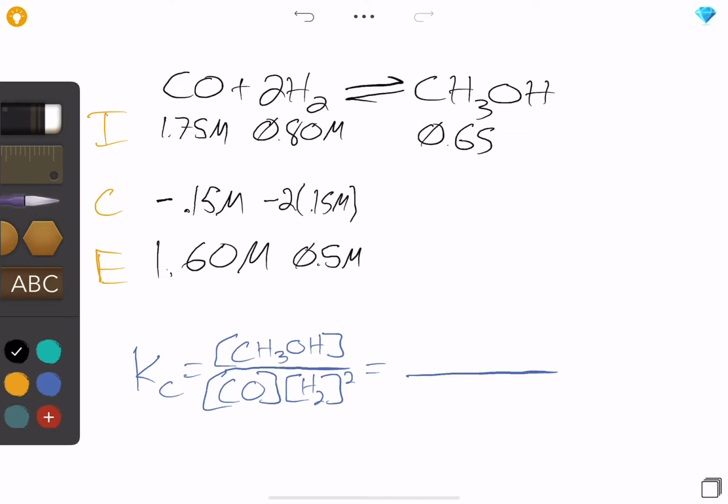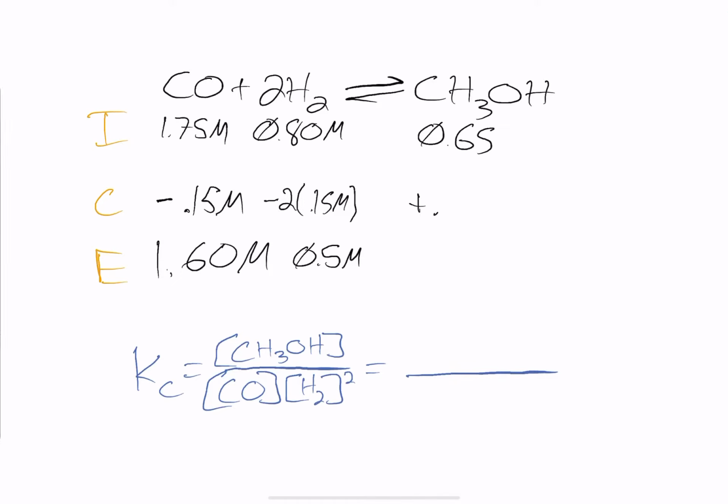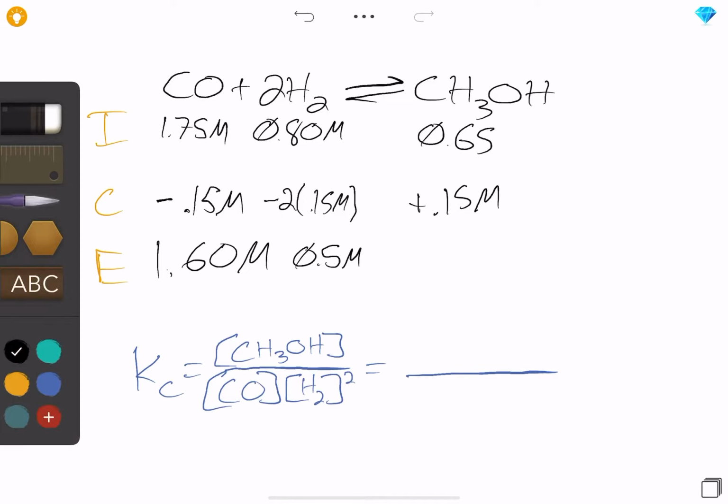So if we saw a difference of minus 0.15 molar for the carbon monoxide over here, and it's a 1-to-1 ratio with the production of methanol, if it was negative 0.15 on this side, it's going to be plus 0.15 molar on this side.